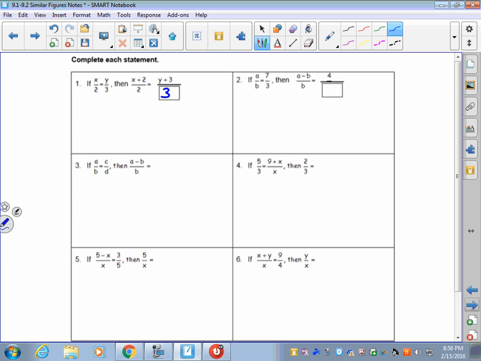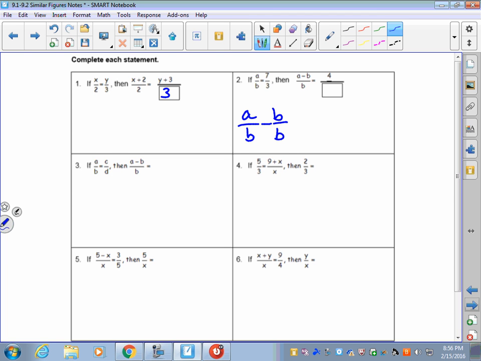All right, on number 2, we got a over b equals c over 3. Then a minus b equals 4. We have to think about how they got that 4. Back to what I was saying about subtraction of fractions, using the same rule, common denominator. If I'm subtracting b from the fraction, it has to have a common denominator. So basically, I'm just subtracting b over b, so I can put a minus b at the top.